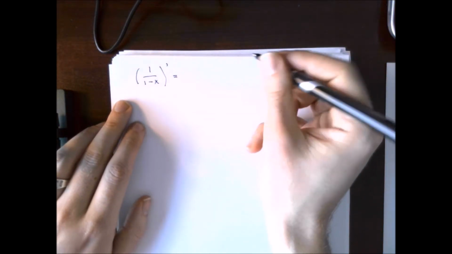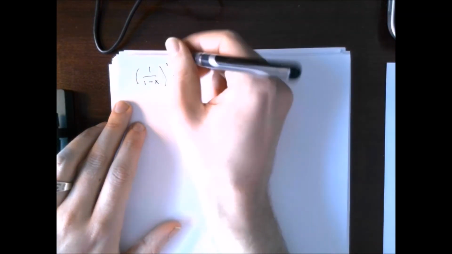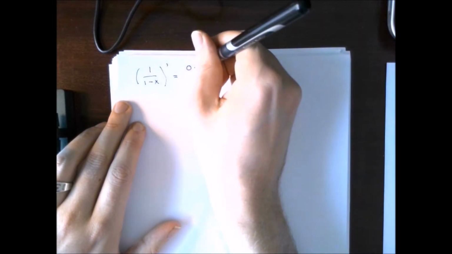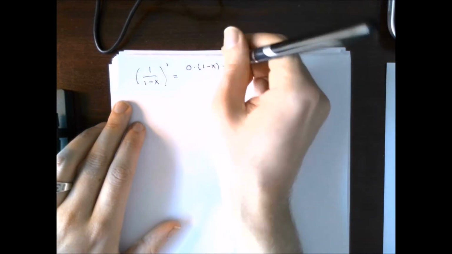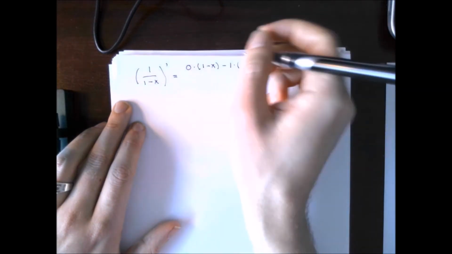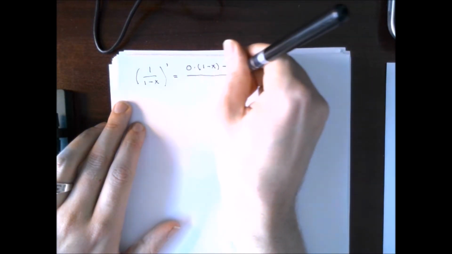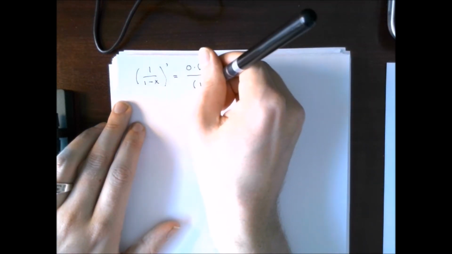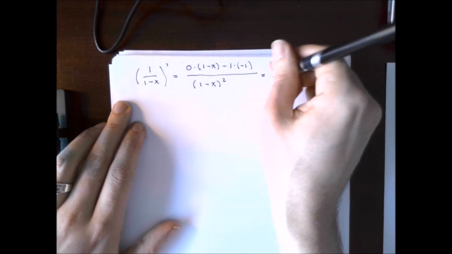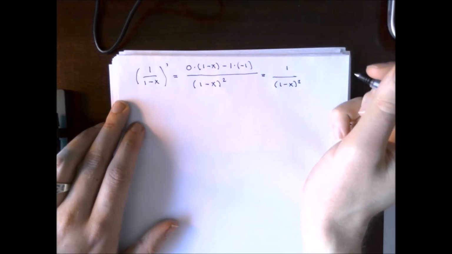Using the quotient rule, we see that the derivative of this is the derivative of 1, which is 0, times 1 minus x, minus 1 times the derivative of 1 minus x, which is minus 1, divided by 1 minus x squared, or 1 over 1 minus x squared.